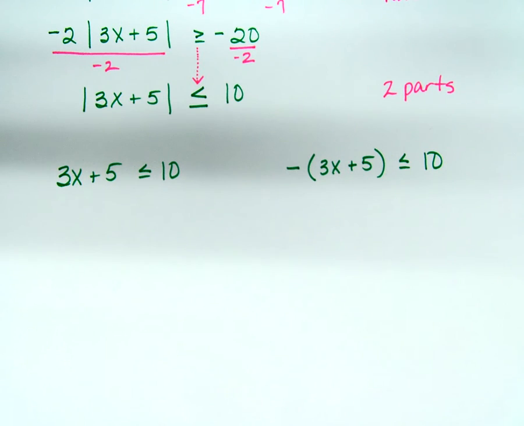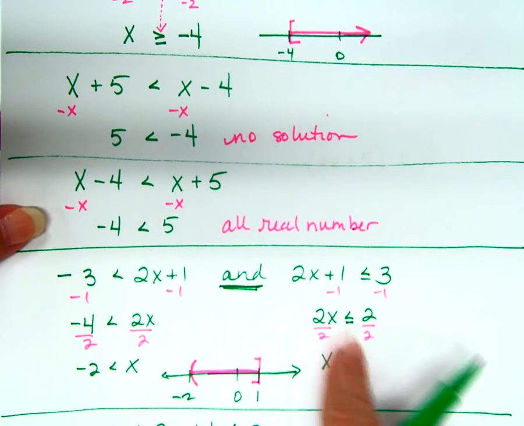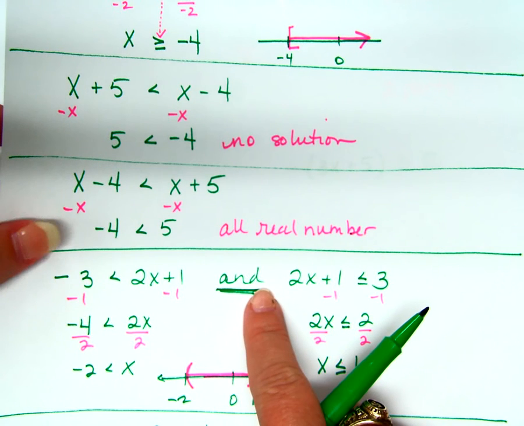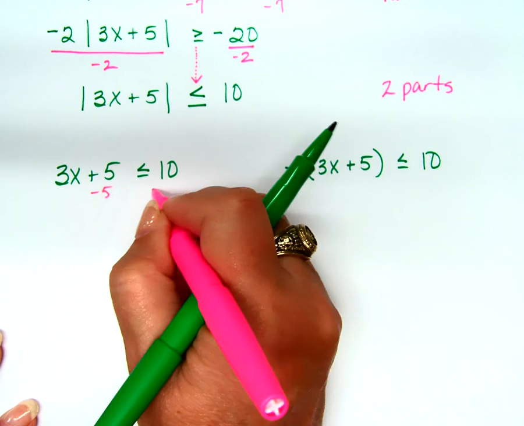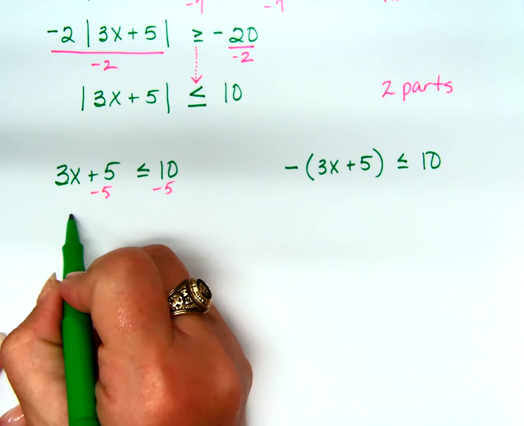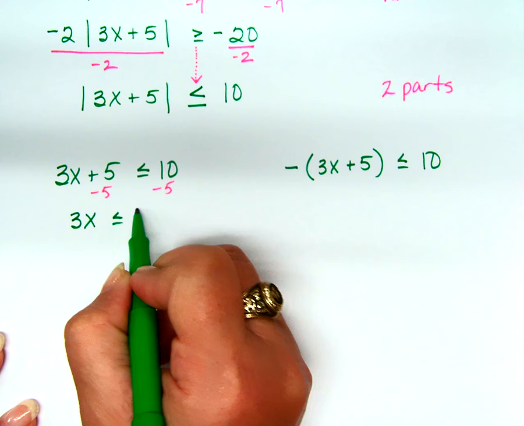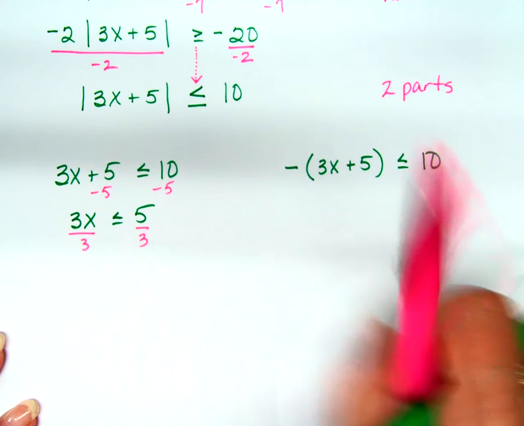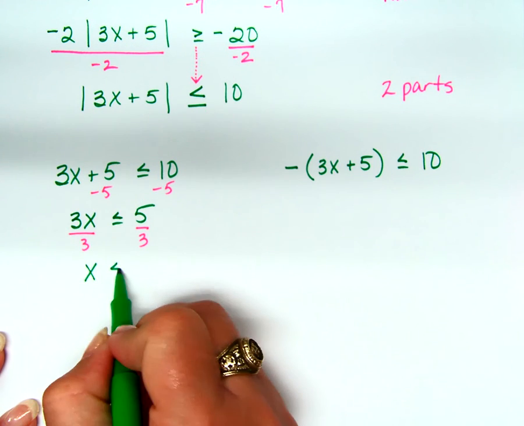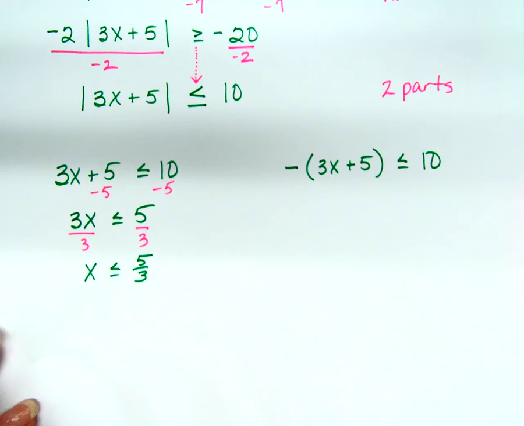Now, there's not an and written, so I can't assume an and. This could be an and or an or, and we'll know that once we get to the end. So if I subtract 5 from both sides, I get 3x is less than or equal to 5. I divide both sides by 3, and I get x is less than or equal to 5/3.